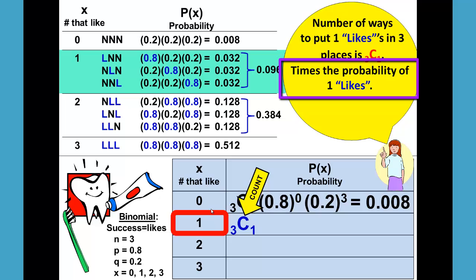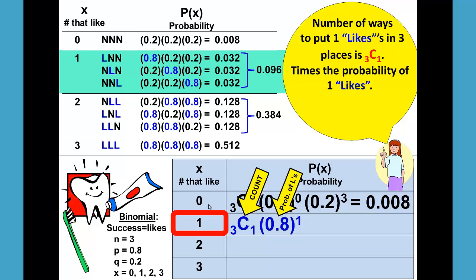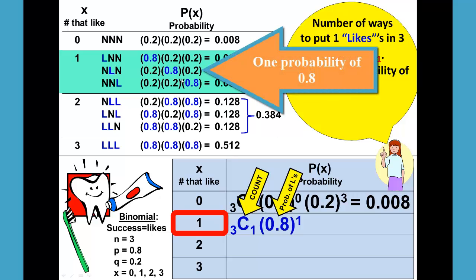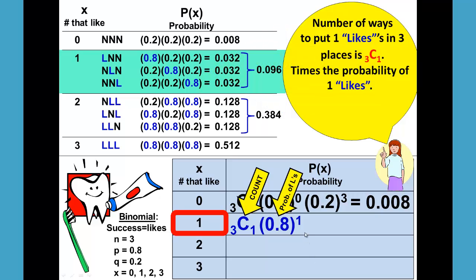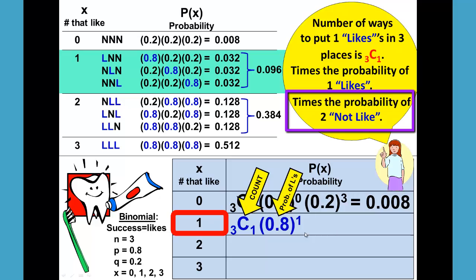times the probability of 1 like. We want 1 of the children to like it, and that probability would be 0.8, and since there's 1 of those, that would be raised to the first power. Notice in each of these combinations there is 1 0.8. And if we have 1 success, that means we have 2 failures.